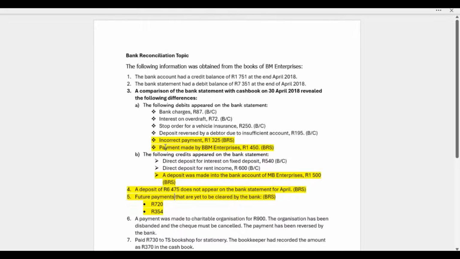Another one is bullet number 3. A deposit was made into the bank account of MB Enterprises, 1,500. And then we need to say debit amount wrongly credited. This amount was wrongly credited to us, but it doesn't belong to us. Therefore, we must reverse.